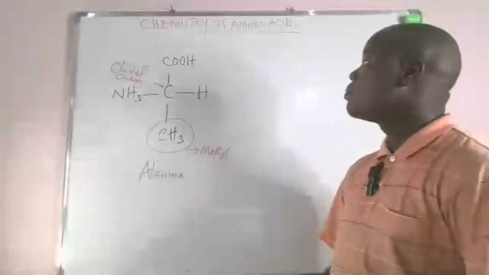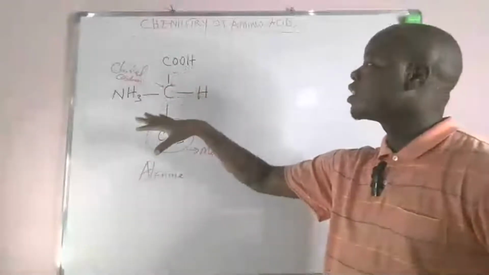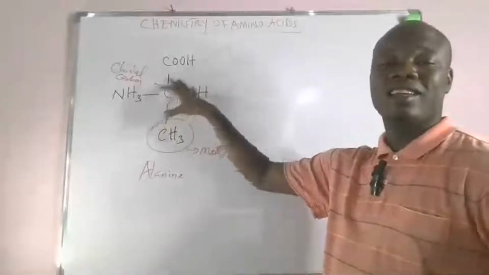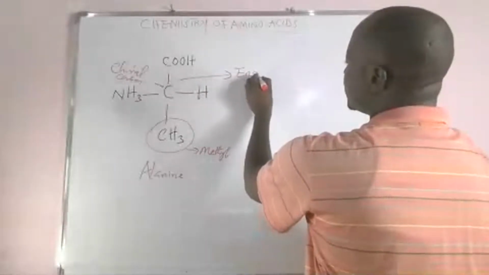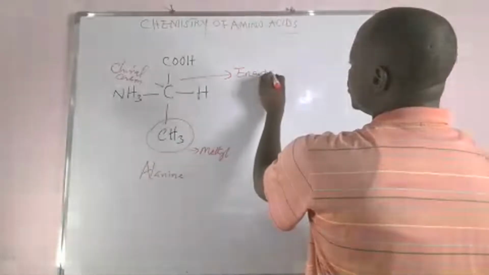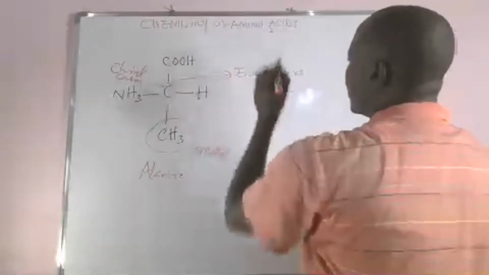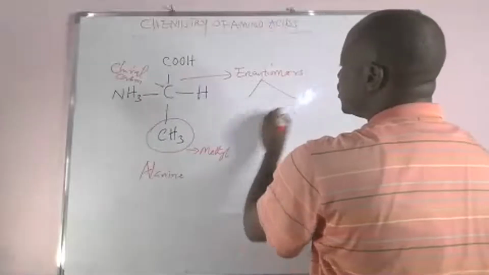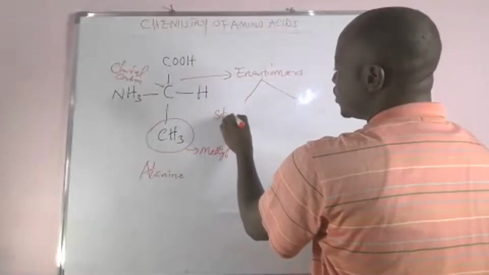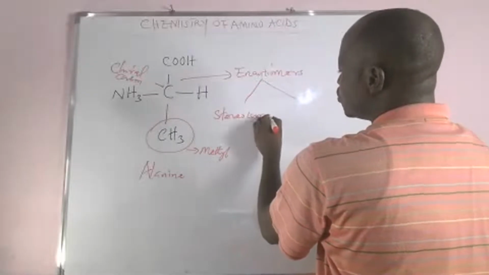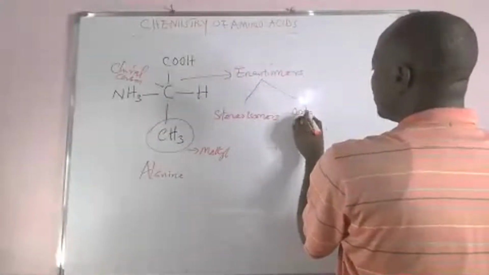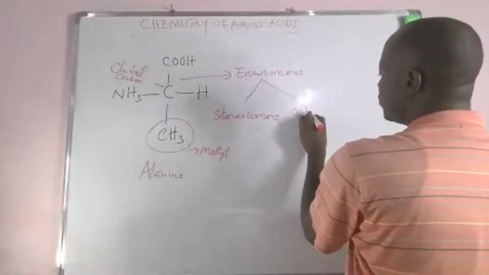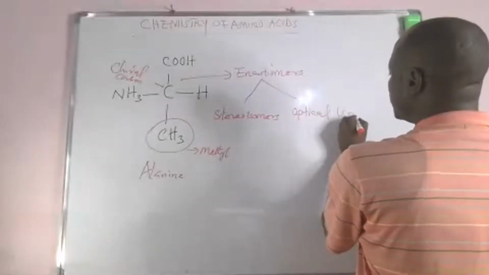So a compound having a chiral carbon is said to exhibit enantiomerism, and such compounds are called enantiomers. These enantiomers can be stereoisomers or optical isomers.